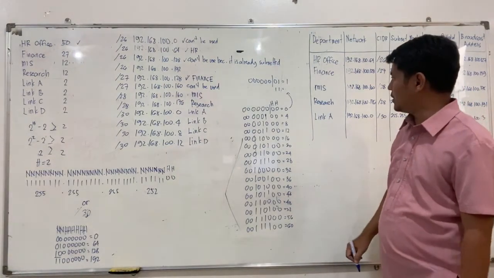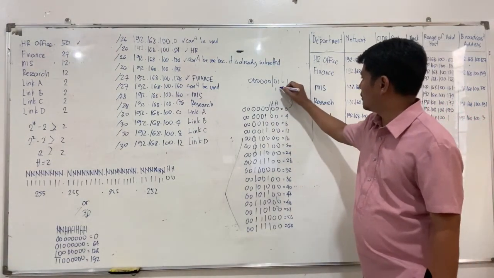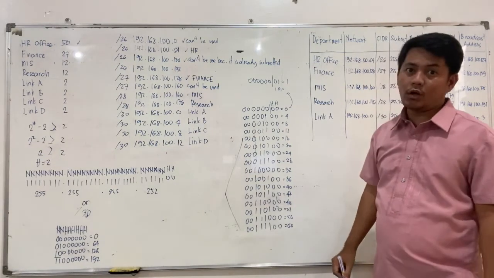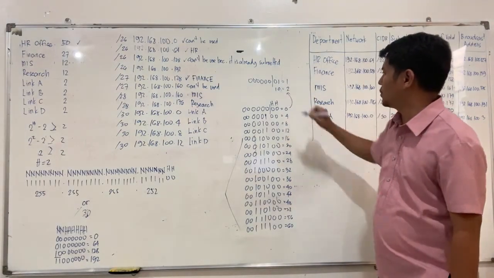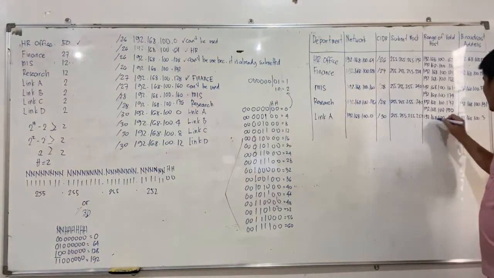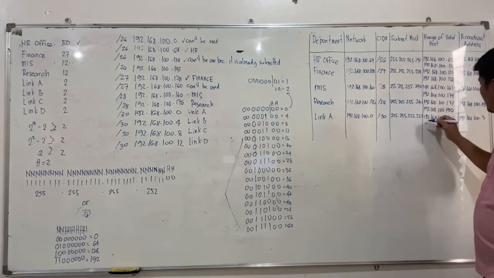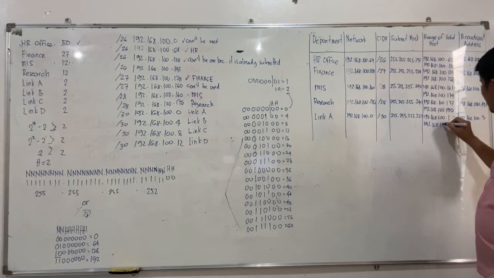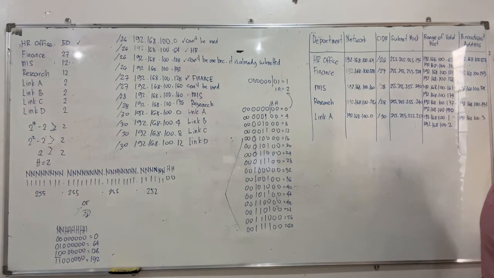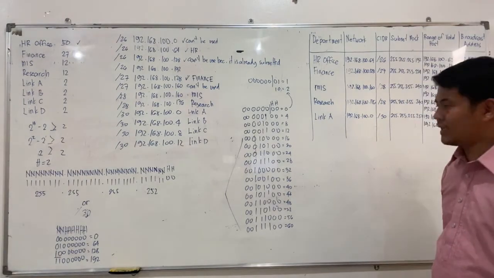Our last valid host, therefore, we retain 10 from the host bits. This is equivalent to 2. So until 192.168.100.2. Okay, that is for link A.